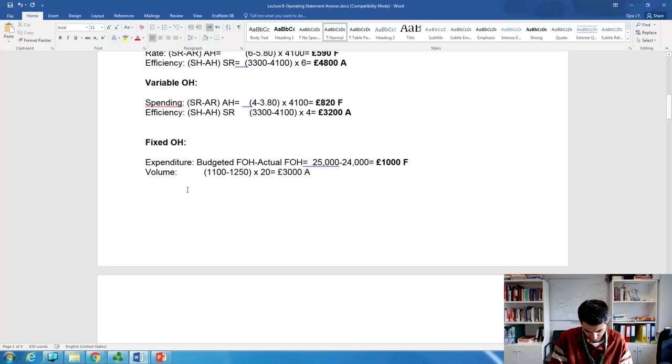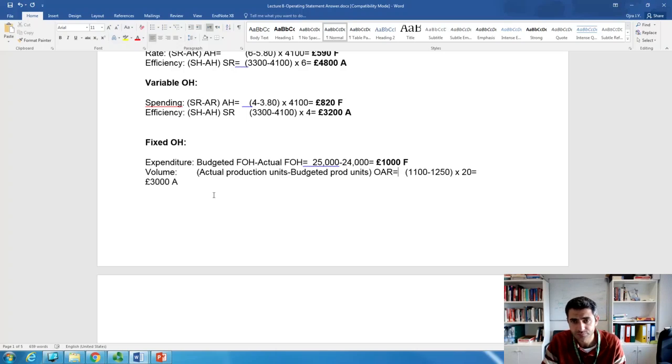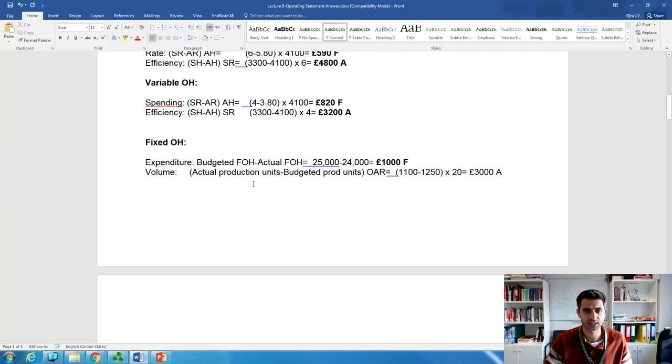The formula you need to follow is the actual production units minus the budgeted production units, times OAR.